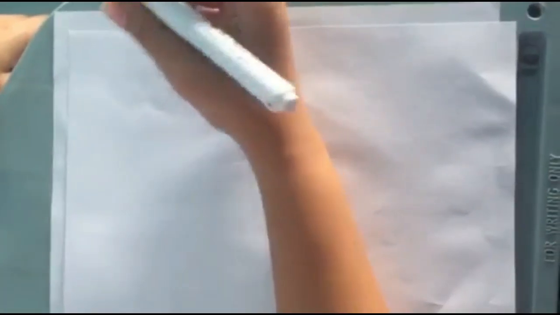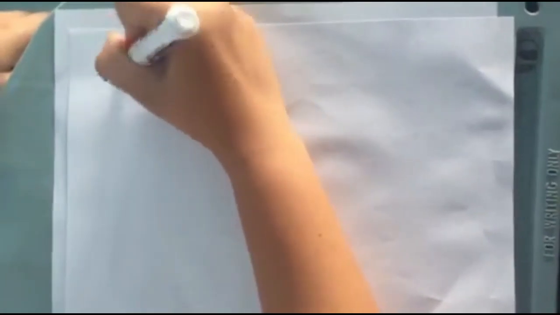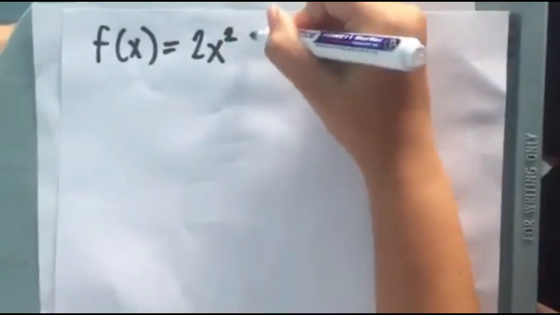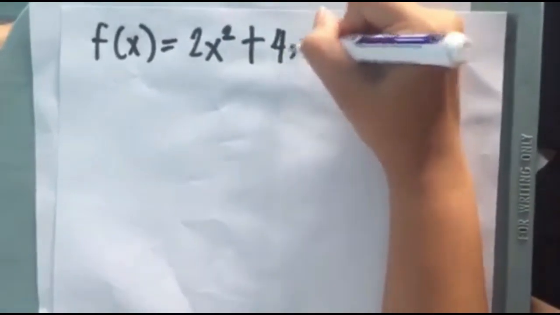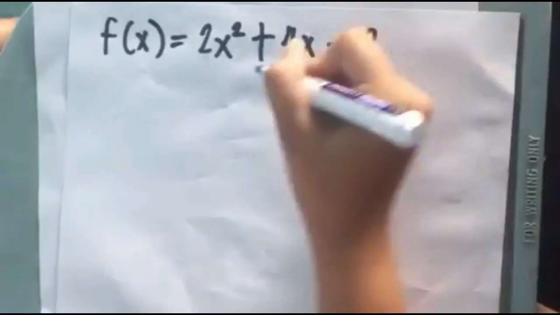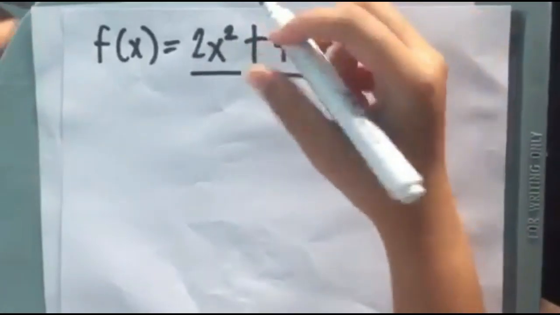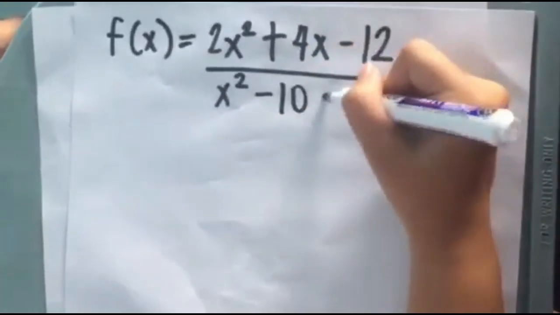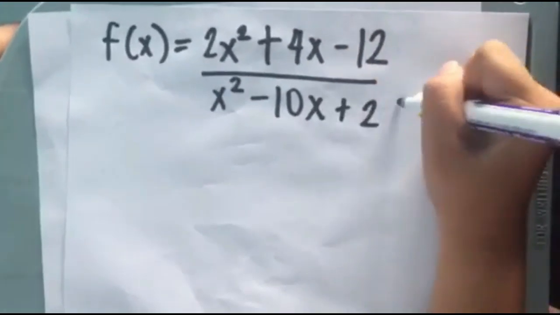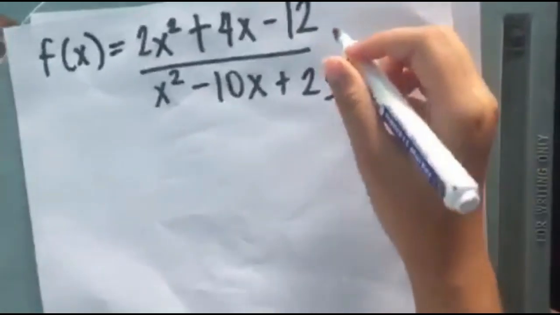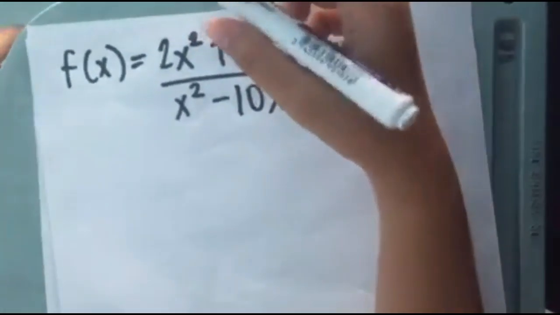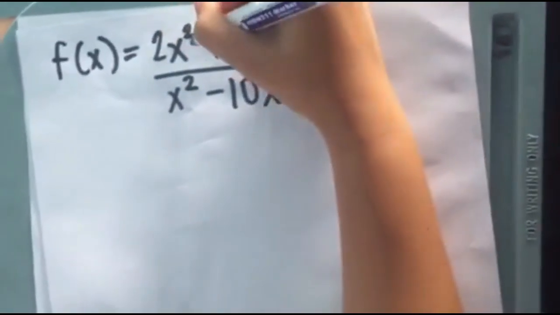Let's try this example. f of x equals 2x squared plus 4x minus 12 over x squared minus 10x plus 25. Notice that the degree of the numerator is equal to the degree of the denominator.